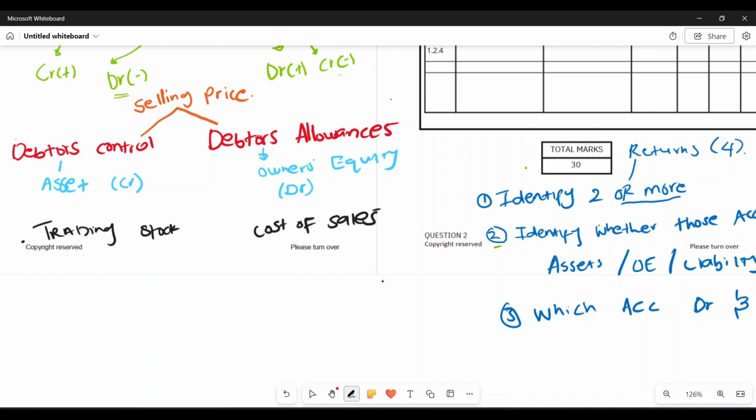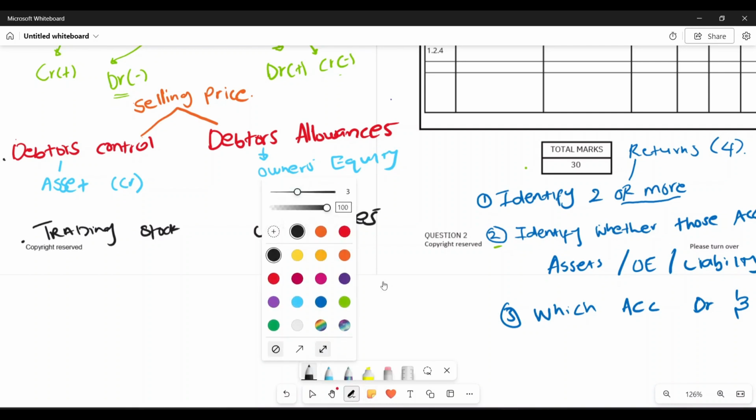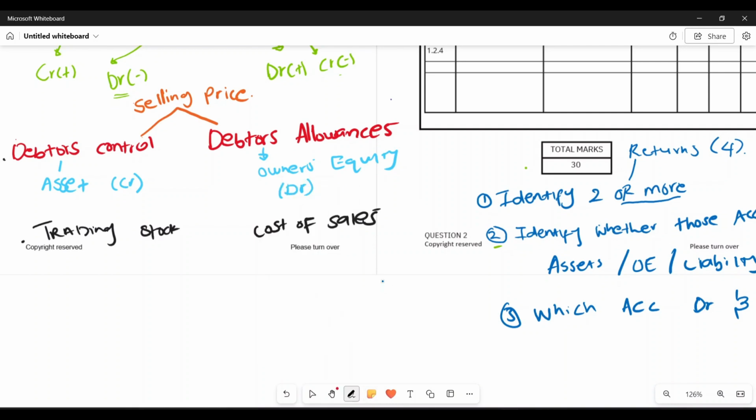So these are the four accounts you always need to recognize whenever you have returns by customers, to be specific. Your trading stock account is an asset account, and your cost of sales account is your owner's equity.